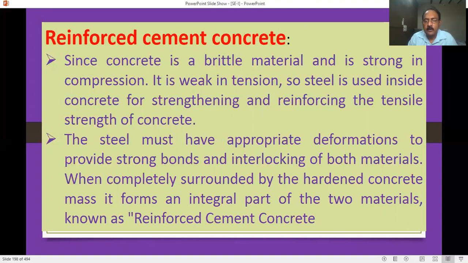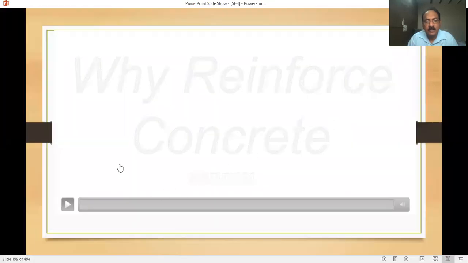When completely surrounded by the hardening concrete mass, it forms an integral part of two materials known as reinforced cement concrete. So steel is very strong in tensile strength. See, once again you see this video to understand the concept of RCC.